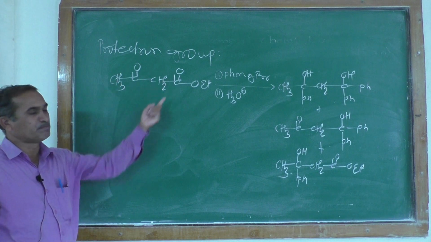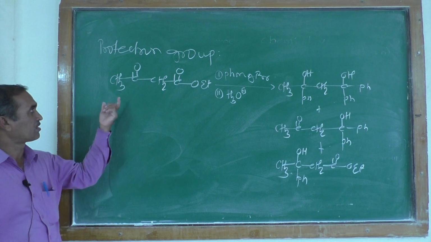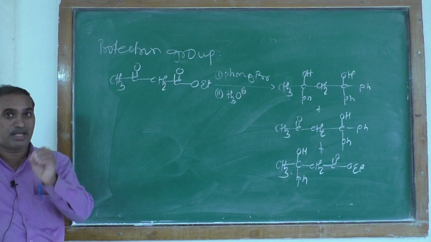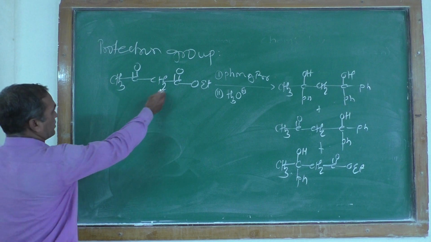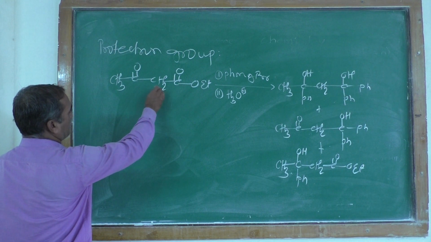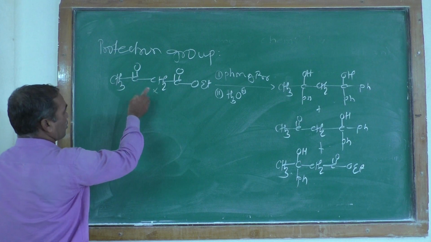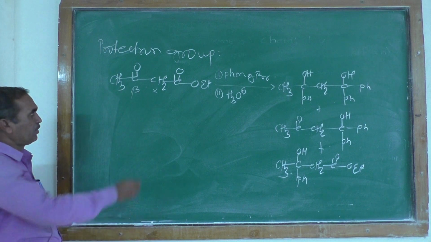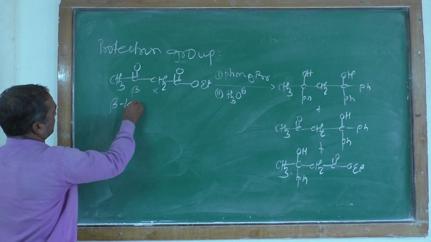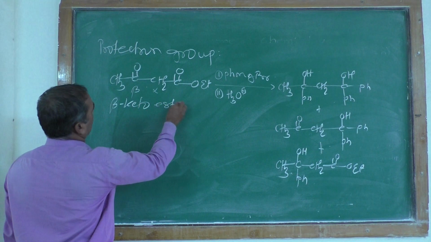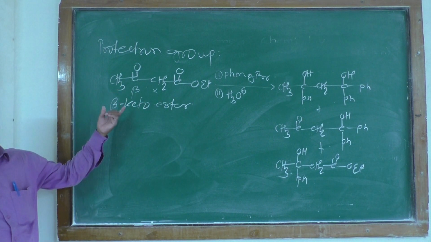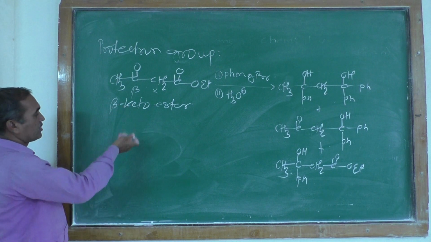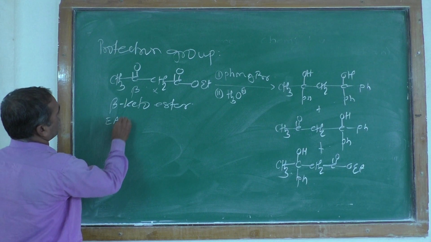If you look at this compound, you might know this is CH3C=O CH2C=OOEt. This is a carbonyl group; the adjacent carbon we can call alpha, this one is beta, and therefore it is commonly known as beta keto ester. At the beta position there is a carbonyl group, and that's why we call it a beta keto ester, or ethyl acetoacetate.